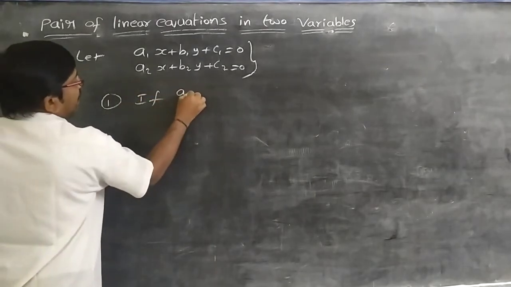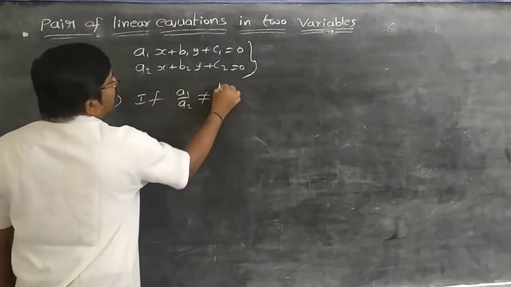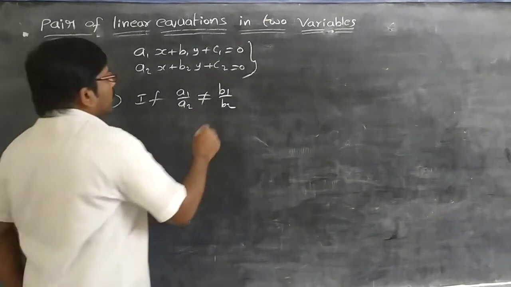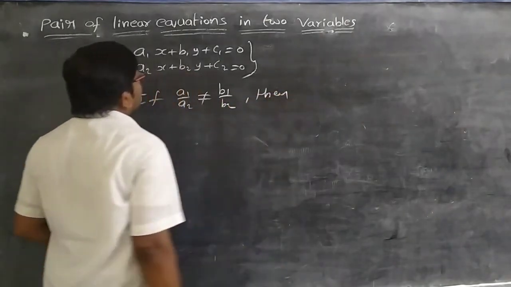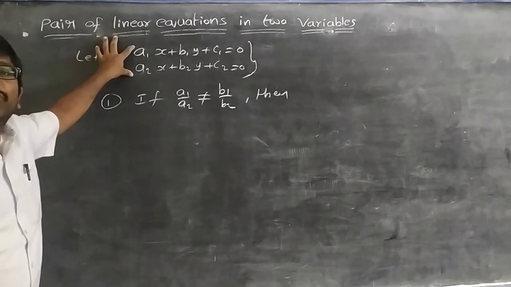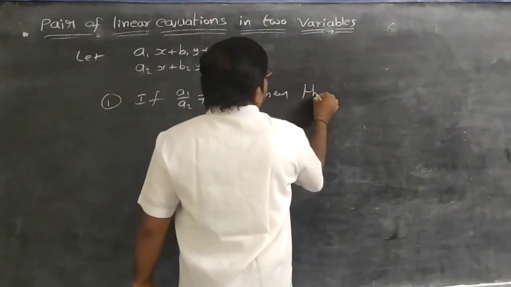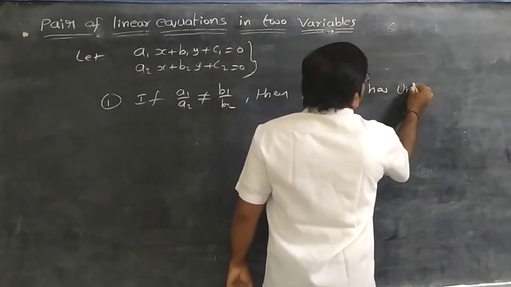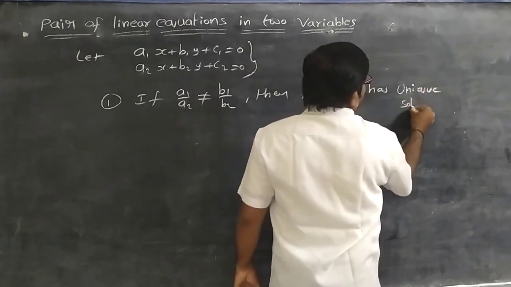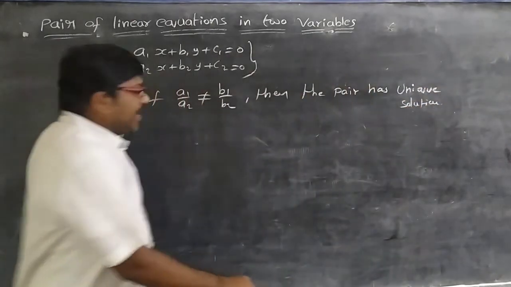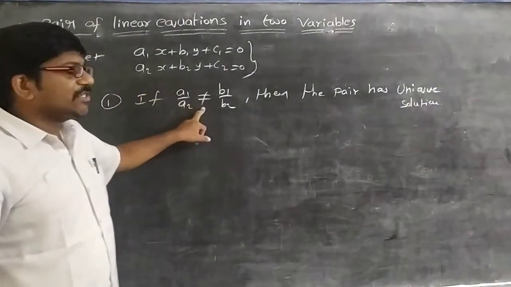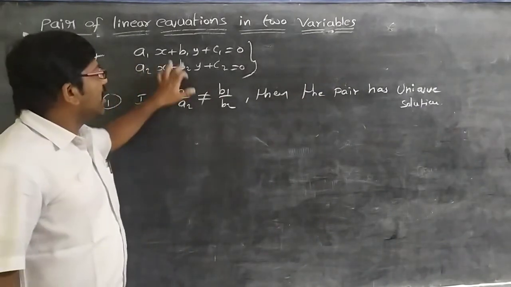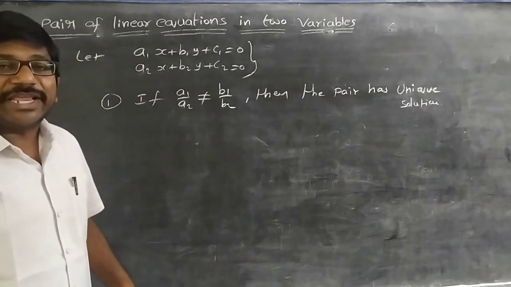If a1 by a2 does not equal b1 by b2, then the pair has a unique solution. Right? It is the first condition. In this case, the two lines are intersecting lines, right?